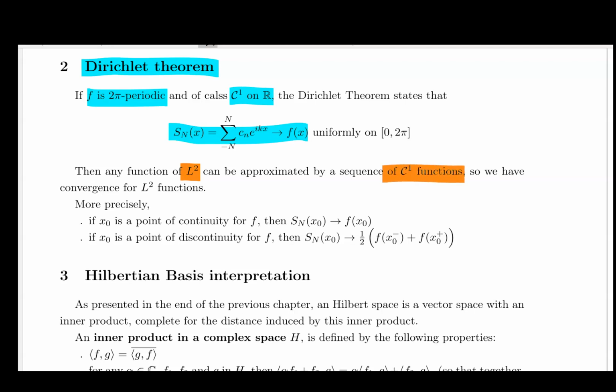This is something we stated briefly in the previous chapter. So we will have convergence for L2 functions. More precisely, this is something you have to remember: if x0 is a point of continuity for your function, then we have pointwise convergence of the trigonometric series to f of x0. And if it is a point of discontinuity, then you have pointwise convergence to the mean value.